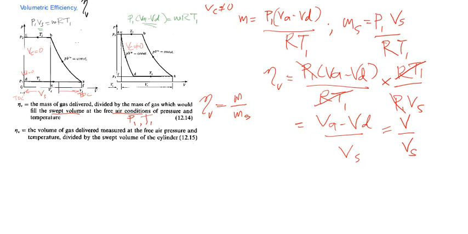So by this definition, from the proof of m divided by m_s, this leads us to the second definition that we can also use for volumetric efficiency, whereby the volumetric efficiency is equal to V divided by Vs. Okay guys, so that is our volumetric efficiency.